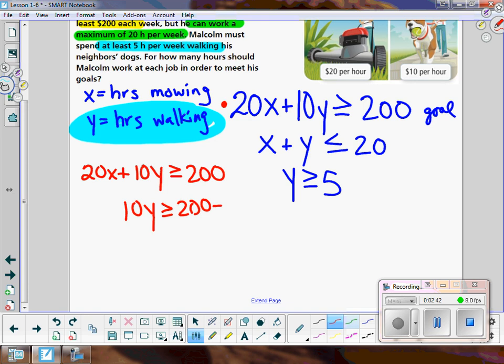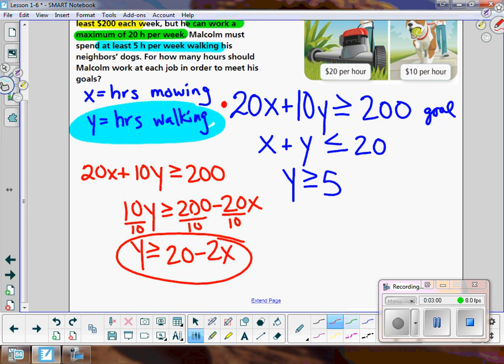I'm going to take away 20x, and then divide everything by positive 10, and that won't change the direction of the inequality. It'll stay greater than or equal to 20 minus 2x. So that's one that we're going to put into the calculator.